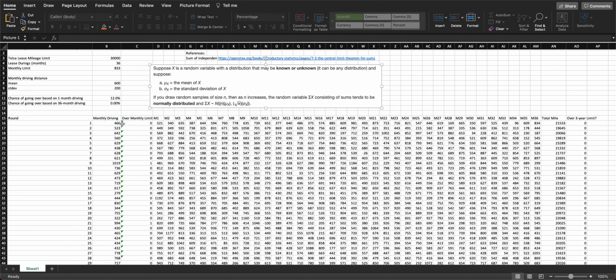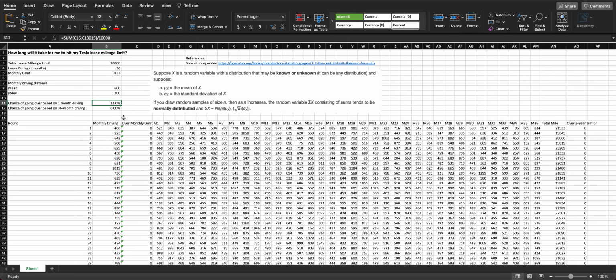So what's the key takeaway? If you go over or under in a particular month, you shouldn't worry too much, because over time, as long as your mean is not very high, you should be within the long-term limit. So I guess it is good news after all.